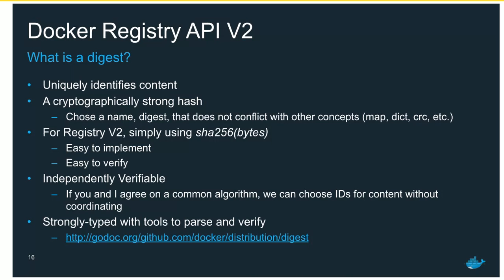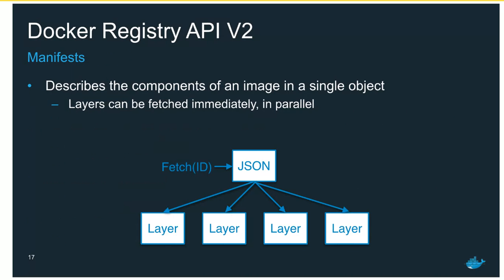And one big aspect of it is we made a strongly typed library for the digest with tools to parse and verify it, so that people aren't dropping in random verifications and random hashes and doing odd things in the code. It's just import the digest package, and you can parse and verify it to your heart's content.